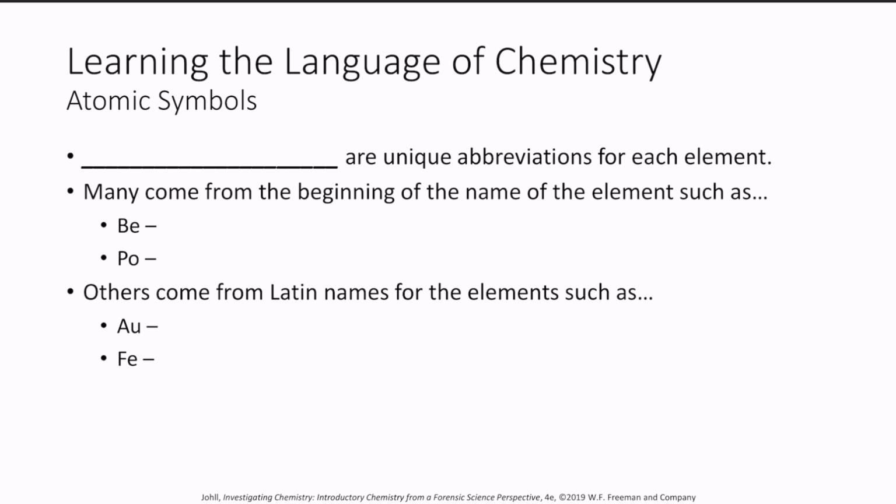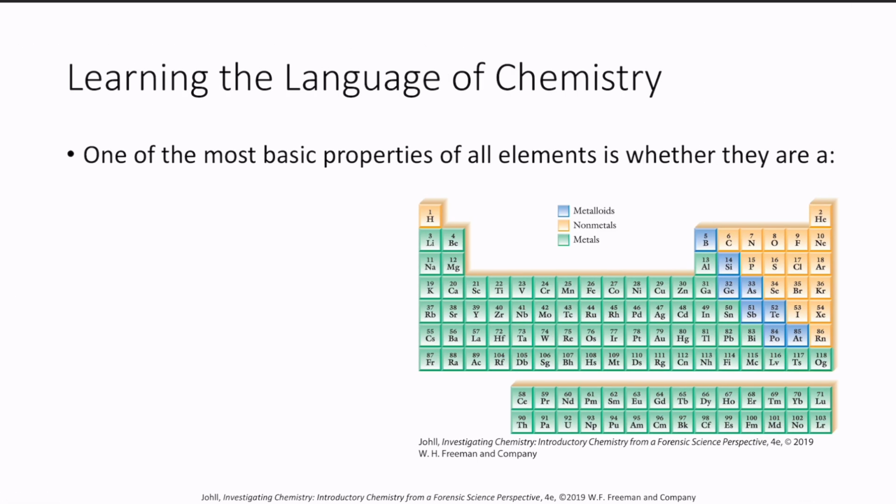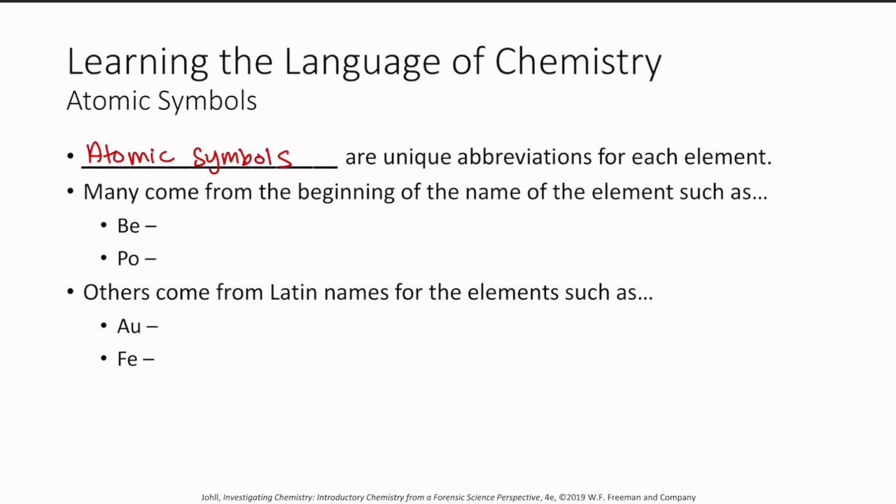When you are looking at the periodic table, the atomic symbols are a unique abbreviation for each element. If we look at this periodic table here, I can see there are a lot of different letters, and they're all going to represent an element. Each symbol is going to be a combination of one or two letters. The first letter is always capitalized, and the second letter is always lowercase.